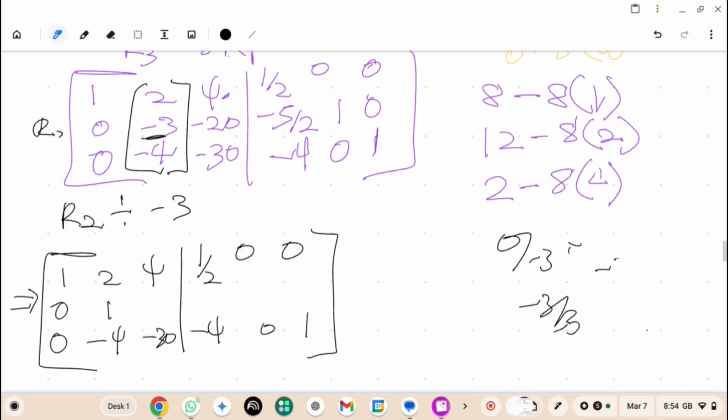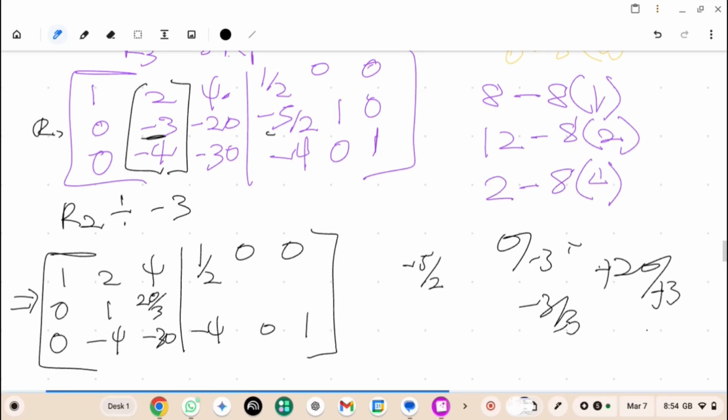We have negative 20 divided by negative 3. This 3 cancels this 3. The negative signs cancel, so you have 20 on 3. This negative 5 on 2, we are dividing it by negative 3, right?